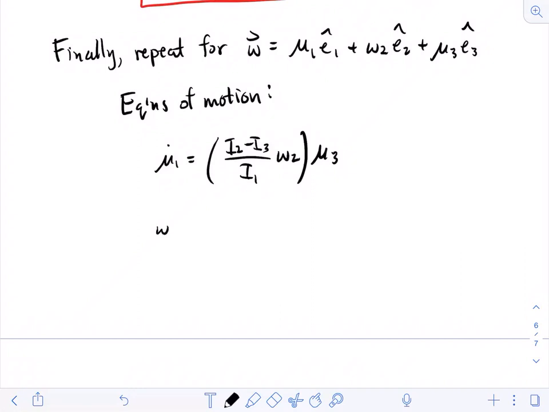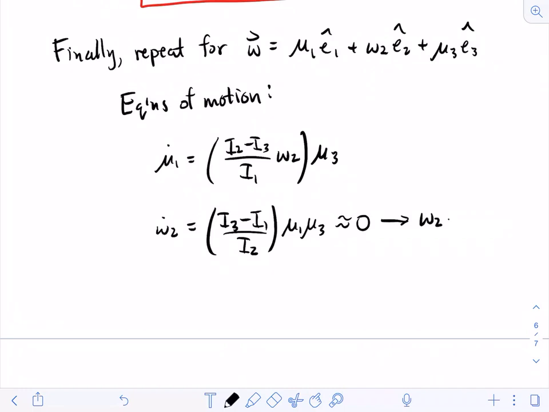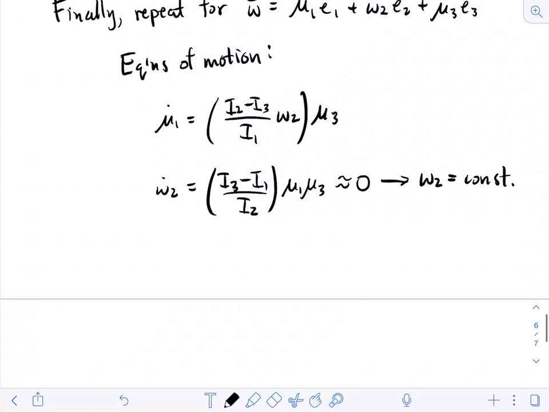And we would get omega 2 dot is equal to I3 minus I1 divided by I2 mu1 mu3, which we would say, let's neglect that, and we'd get the usual thing, omega 2 is a constant. So that nothing changed there. And then we have mu3 dot is going to be I1 minus I2 divided by I3 omega 2 mu1.